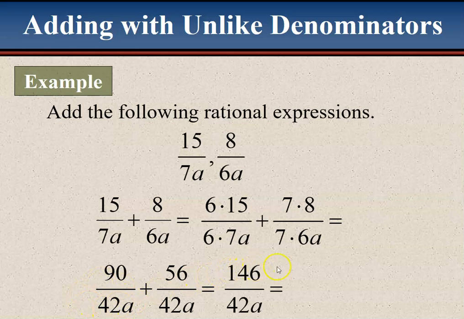Therefore, we will have 146 over 42a, or we can simplify as 73 over 21a. So the first thing you do is find the common denominator of 7a and 6a, which is 42a. And then we find the number that multiplies 6 and 7 to become 42. Okay?